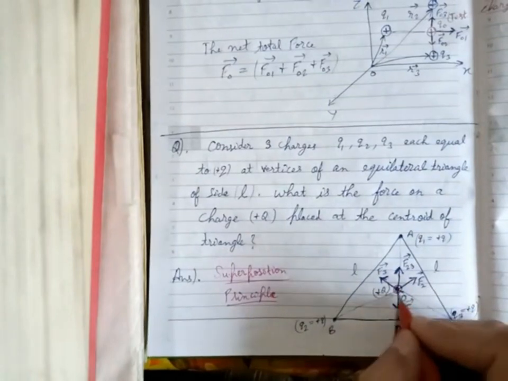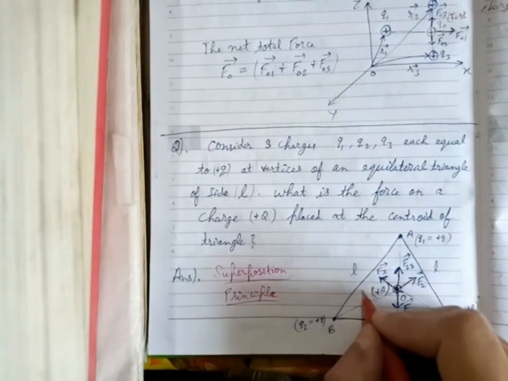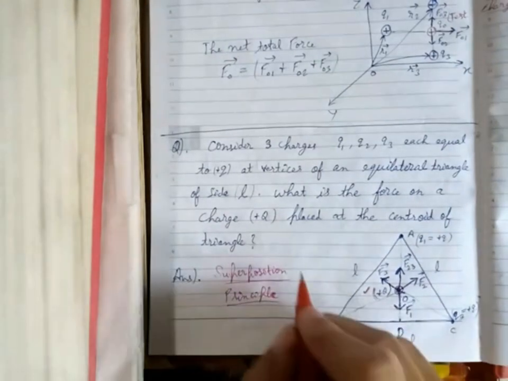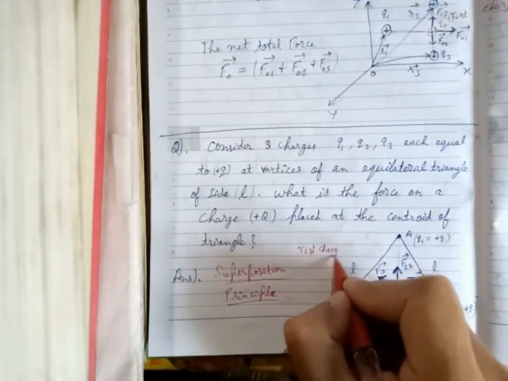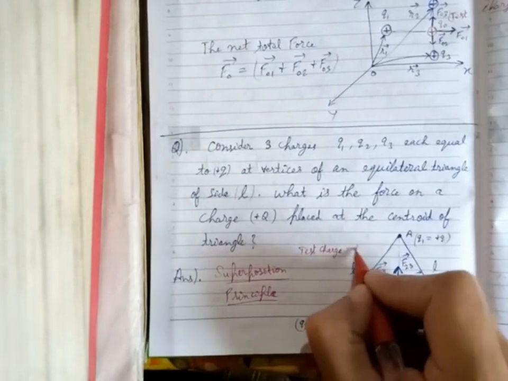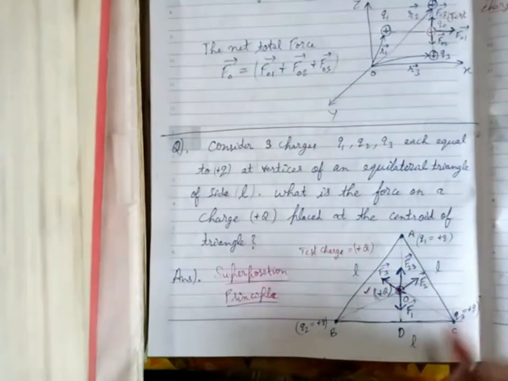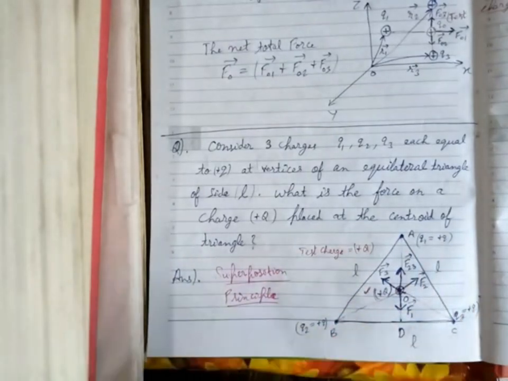So here plus Q charge is placed, and this is the test charge. On this test charge plus Q, we have to find the forces due to the other three charges.